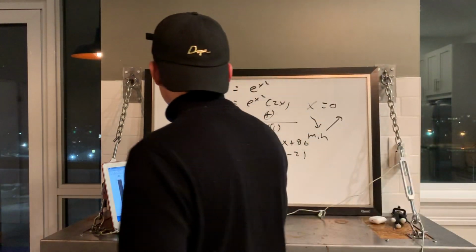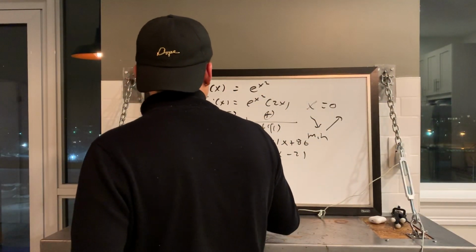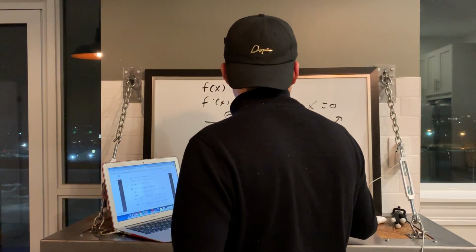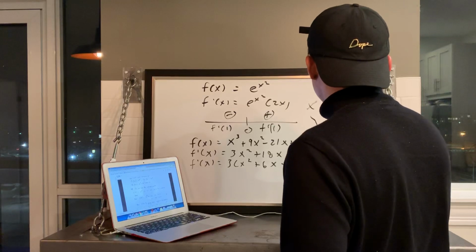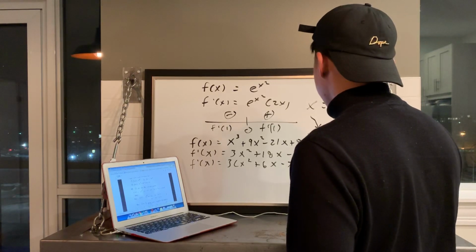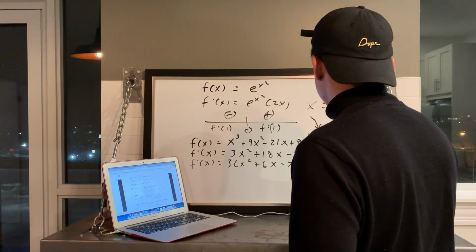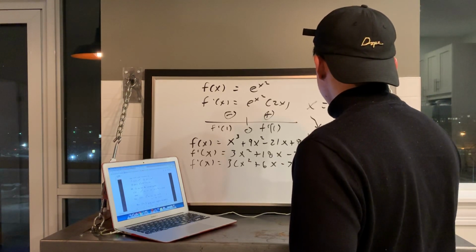Then if I were to factor that, I need a product of -7 and a sum of 6, which is 7 and -1.